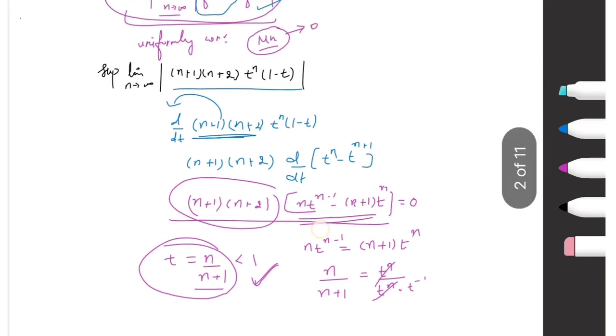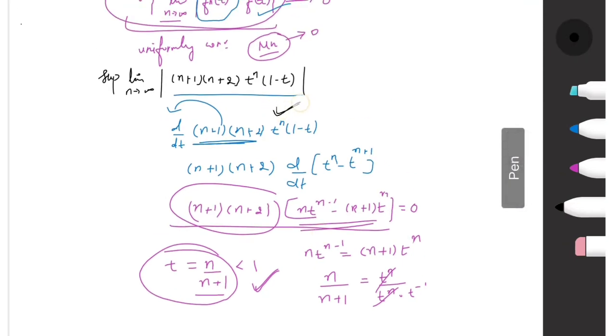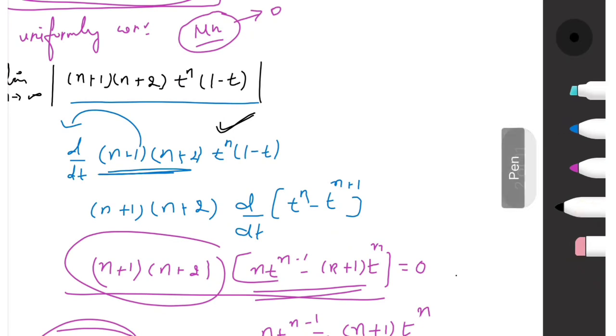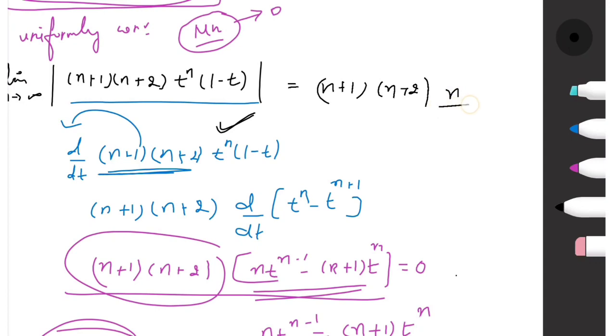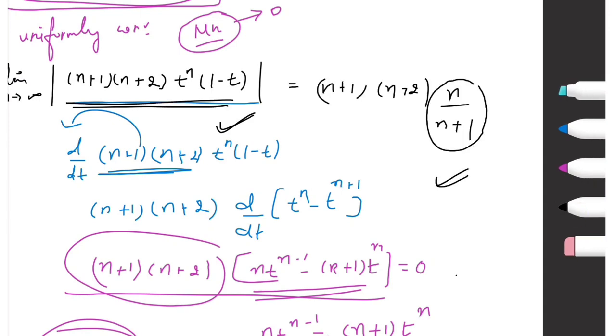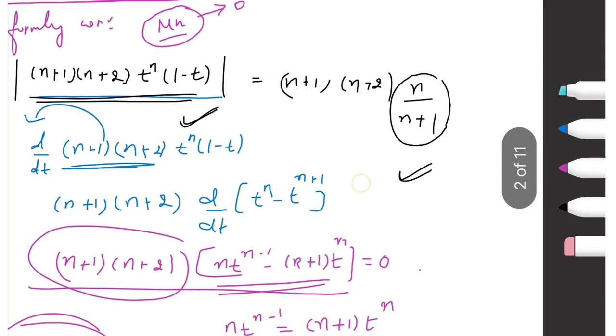I'm putting this point in this function to check whether Mn is tending towards 0 or not. So this will be (n+1)(n+2), and instead of t I can write n/(n+1). As n/(n+1) is the extrema point, this function has its extrema here.